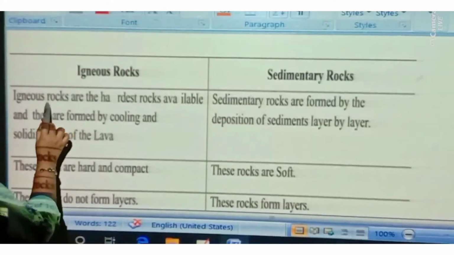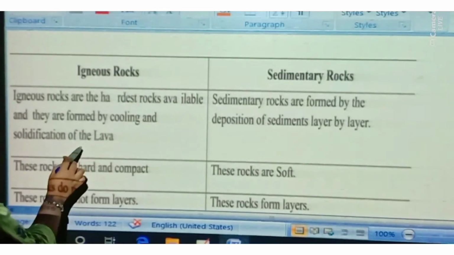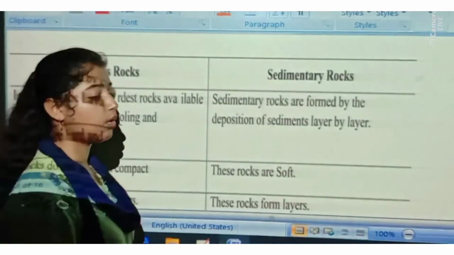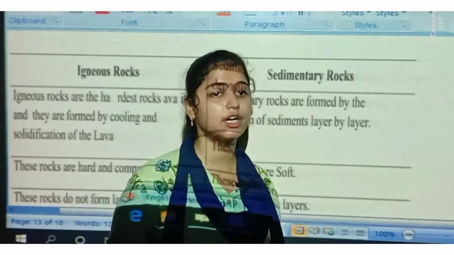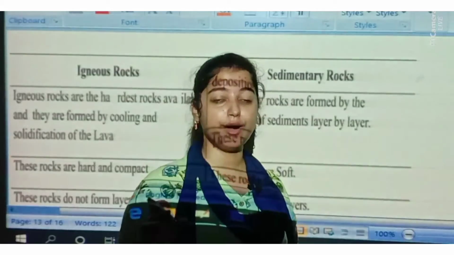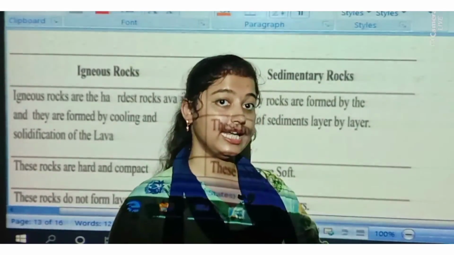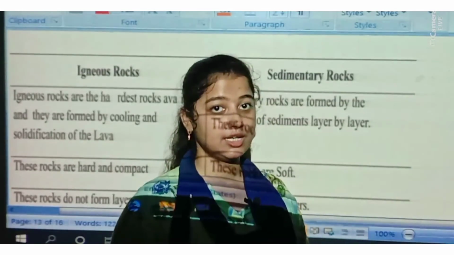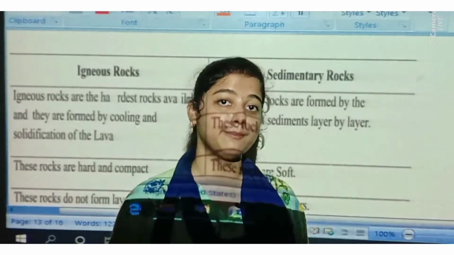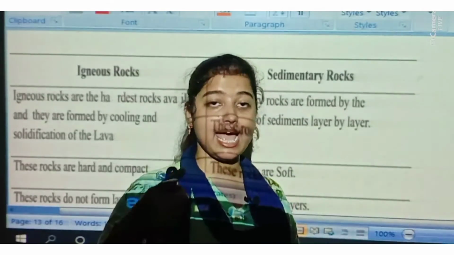Have a look. Igneous rocks are the hardest rocks available. They are formed by cooling and solidification of lava. Now students, some of you are confused about what is lava and what is magma. When it is in the asthenospheric layer, in the interior of the earth, floating in the asthenospheric chamber as a viscous semi-solid, we call it magma.